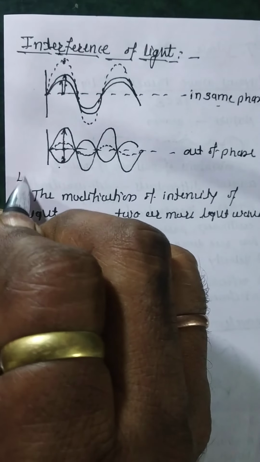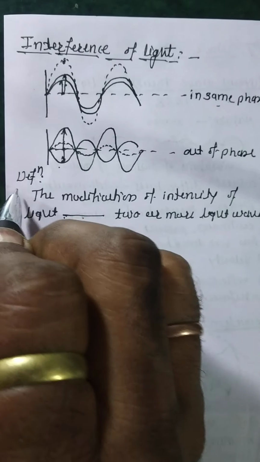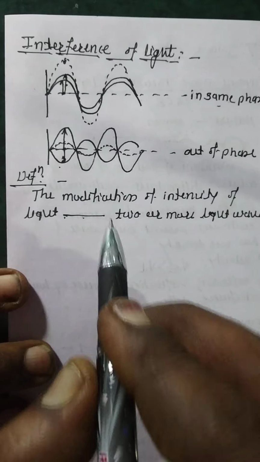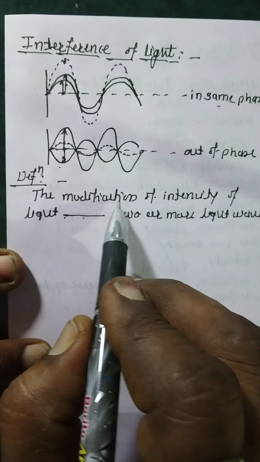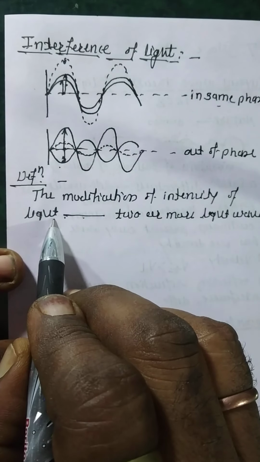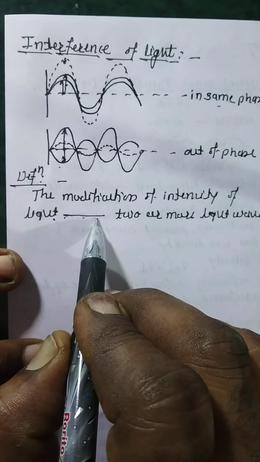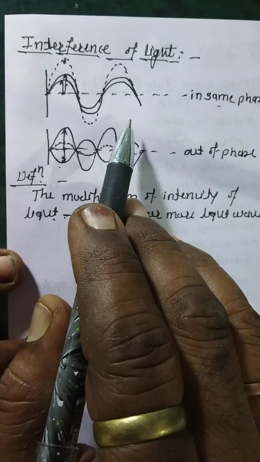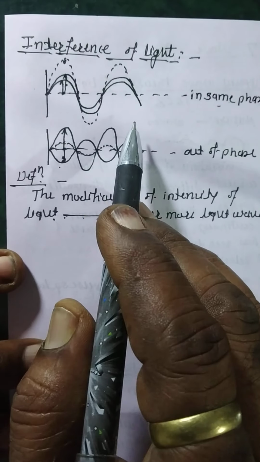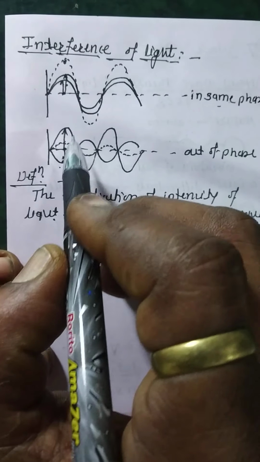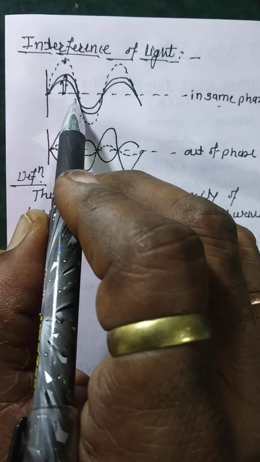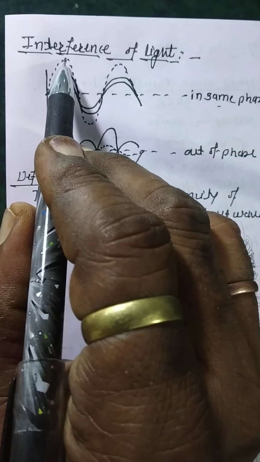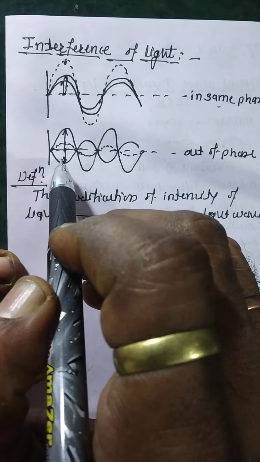What is interference of light? The modification of intensity of light due to superposition of two or more light waves is called as interference of light. Means when two or more light waves travel through a medium, then resultant intensity increases or decreases.